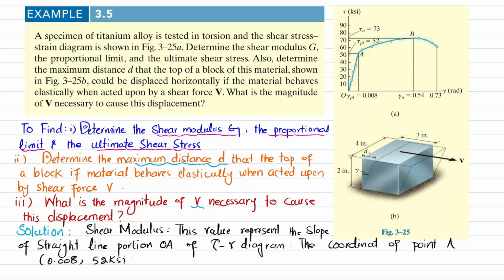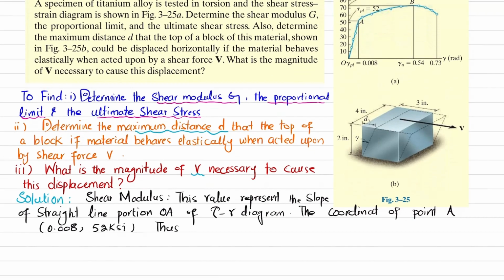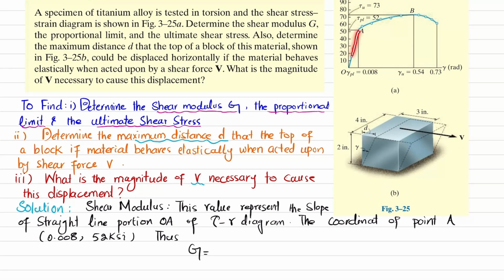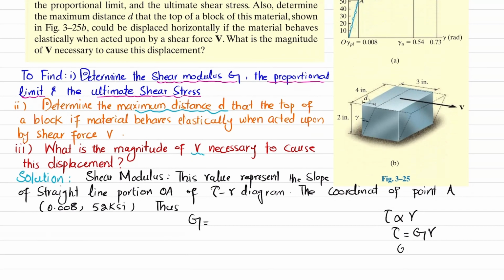So we can say that this shear modulus G will be equal to, you can see this is a straight line in which shear stress is directly proportional to shear strain. So shear stress is equal to G times gamma, and G will be equal to shear stress over gamma. We will find this for point A because it is in the elastic region.